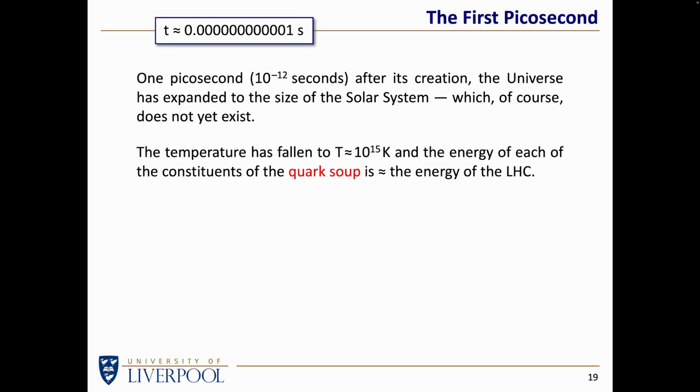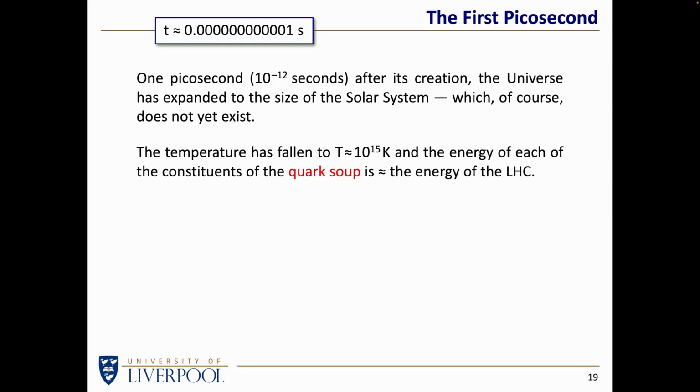Let's just think of it as a quark soup for the time being. All of the individual constituents that exist at this very early time, they will all have an energy which is comparable to the energy of the particles created in the Large Hadron Collider. In other words, the Large Hadron Collider can effectively generate temperatures equivalent to 10 to the 15 Kelvin.